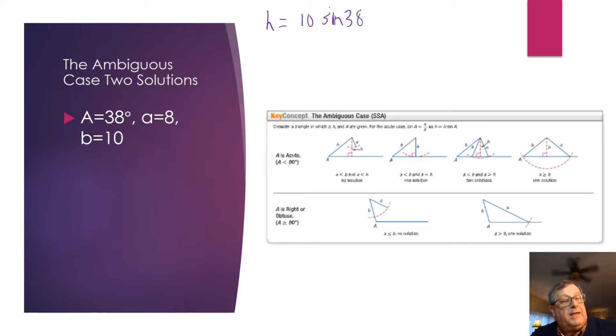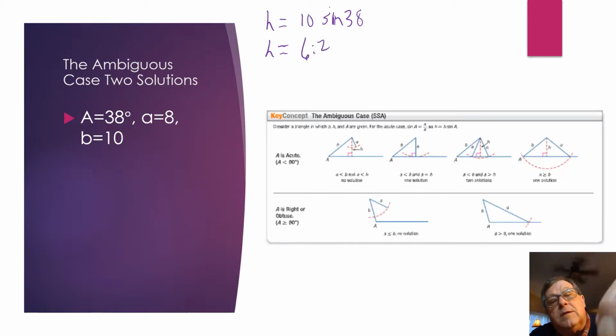We've got to compare that to side A. So let's see. 10 times the sine of 38, and that's approximately, H then is approximately equal to 6.2.